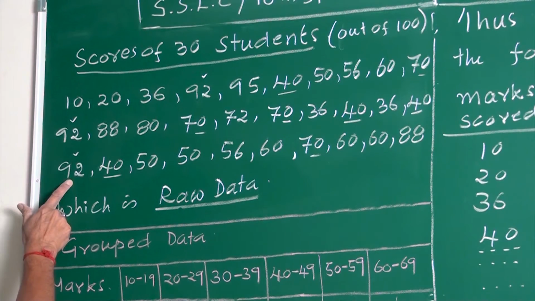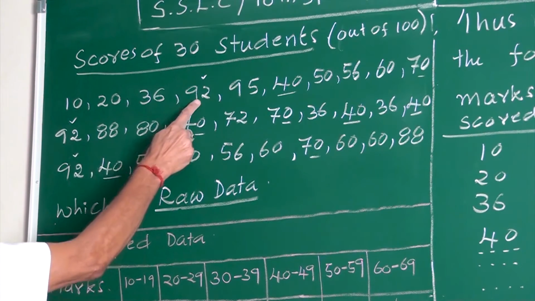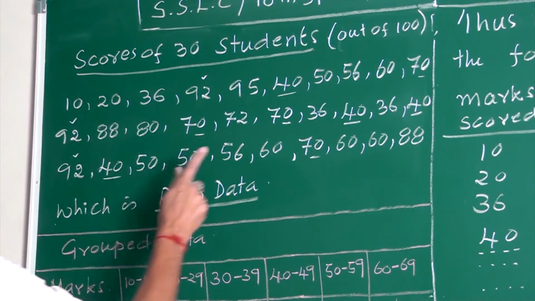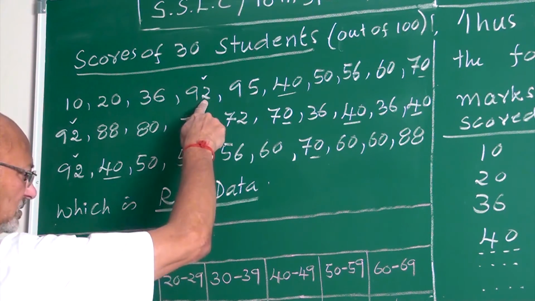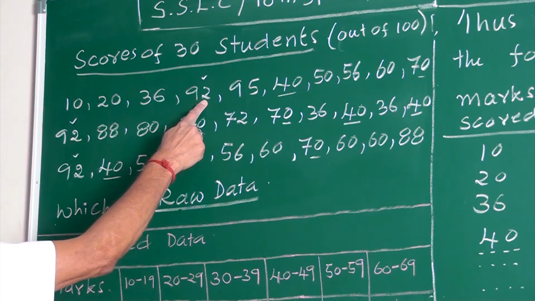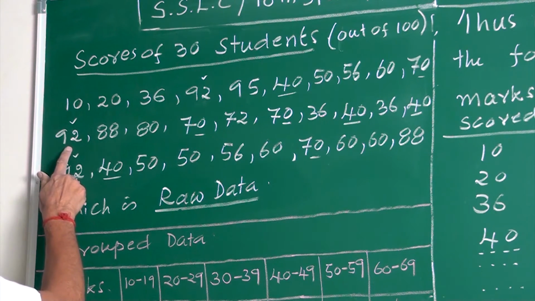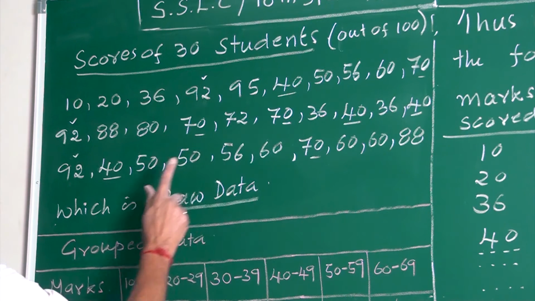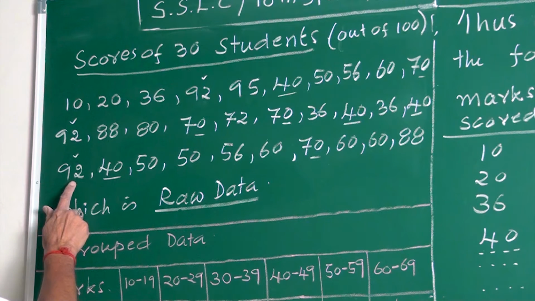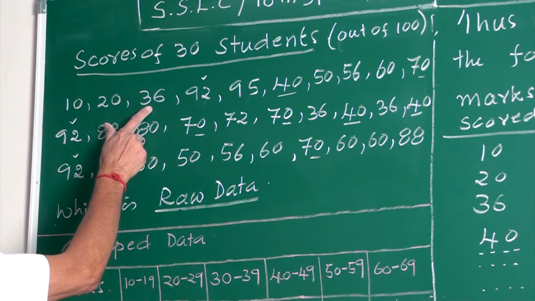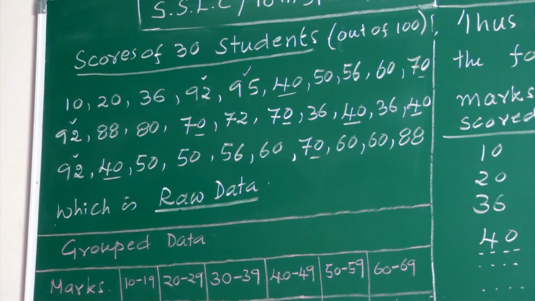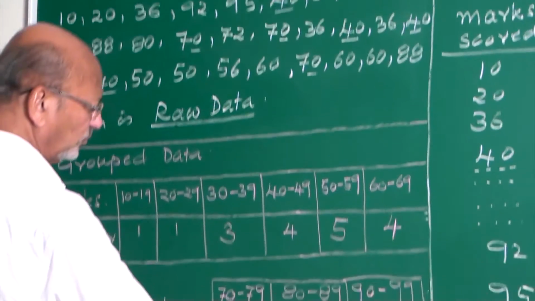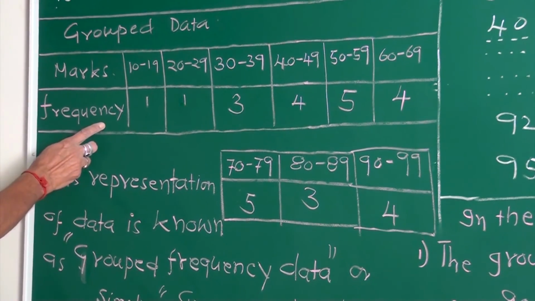Between 90 to 99 the number of students is 4. So the number of students is 4, that we write in the form of frequency.